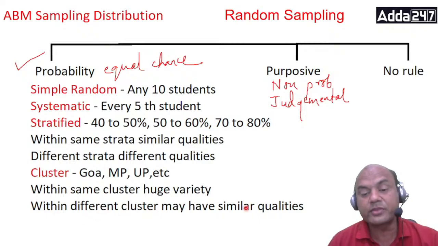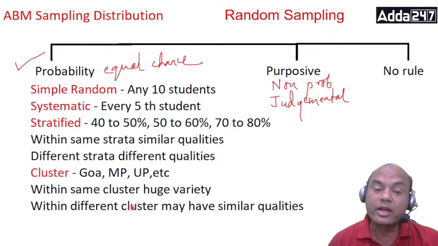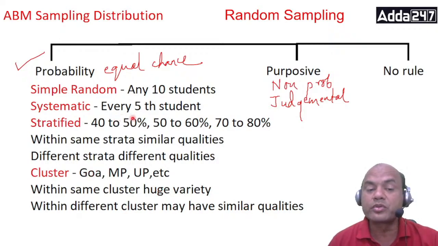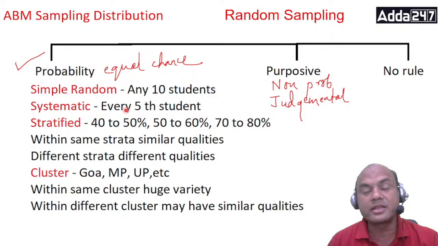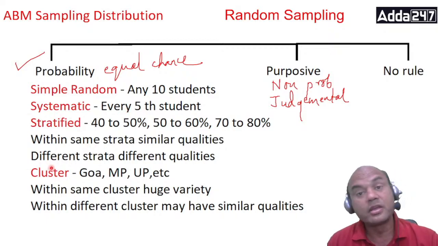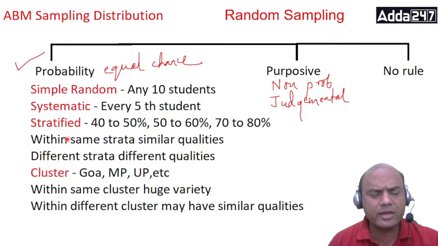Different clusters may have similar qualities. Goa will have some students who are 40 to 50, and MP will also have some, and UP will also have that, right? So within different clusters, we may have students of similar categories. That's the difference between stratified and cluster. This question comes every time in the exam.